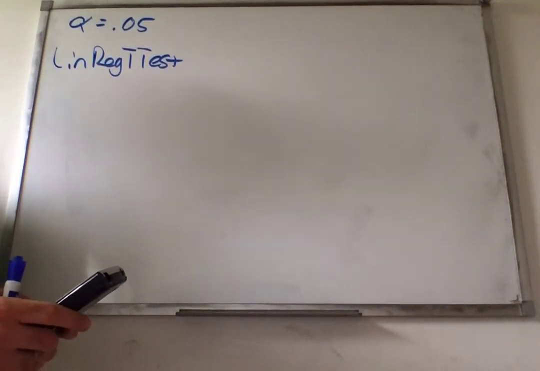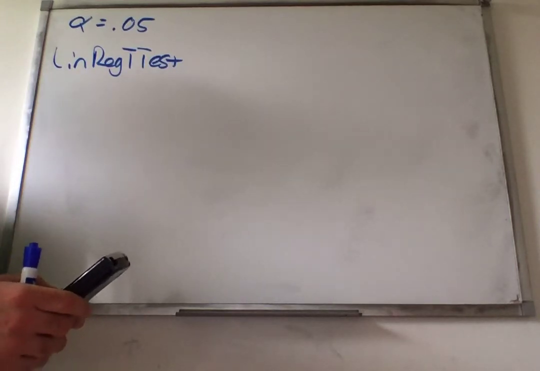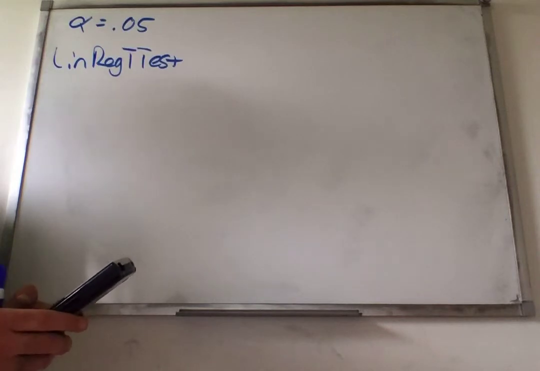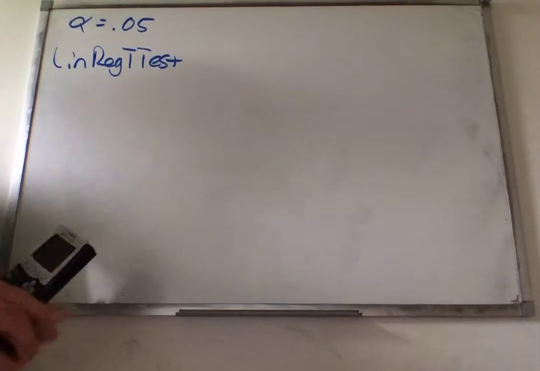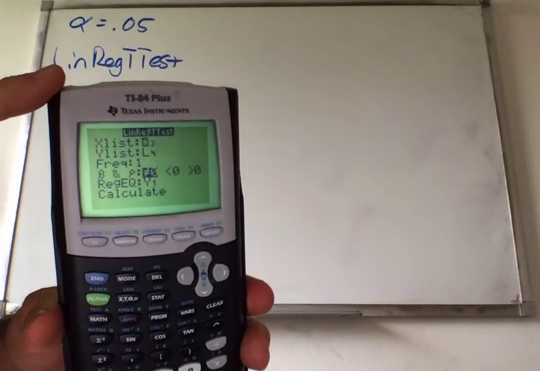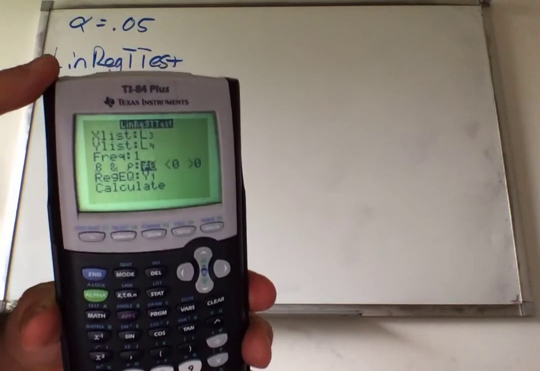So if I go over to STAT, go over to TESTS, scroll up, it's faster, it's option F, LinRegTTest, and now mine says list 3 and list 4 because that was the last problem I did.